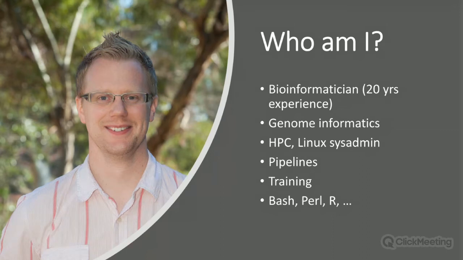I'm also involved with training quite a bit. My background in terms of programming languages has ebbed and flowed a little bit, and my main go-to languages at the moment are Bash, Perl, and R, but I've also dabbled with JavaScript, Fortran, and a few other things as well.